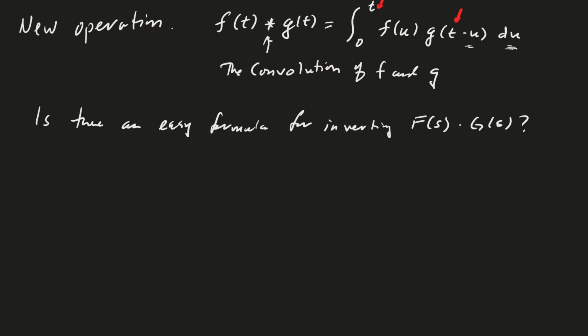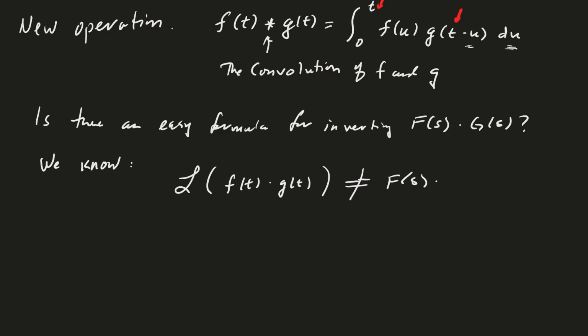Unfortunately, we know that the Laplace transform of the product of f of t times g of t is not equal to the product of the transforms, and that's fairly easy to show. You could basically pick any two functions of t and that'll probably not work.